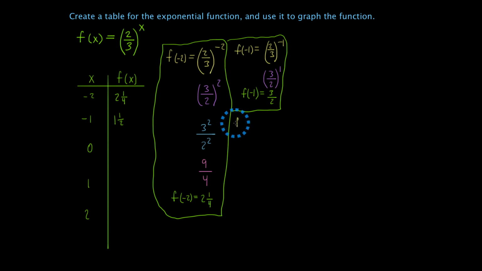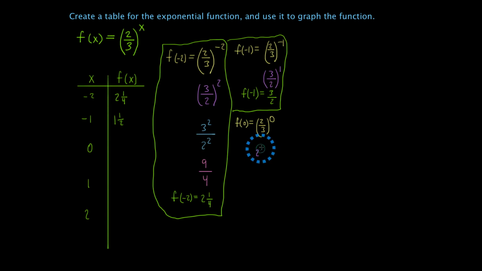All right, so f of 0 is going to be equal to 2/3 raised to the power of 0. And anything raised to the power of 0 is 1. So really what I have is 2 to the power of 0 over 3 to the power of 0, which is going to give me 1/1 here. So in fact, why don't I just write that out so we get a visual of it.